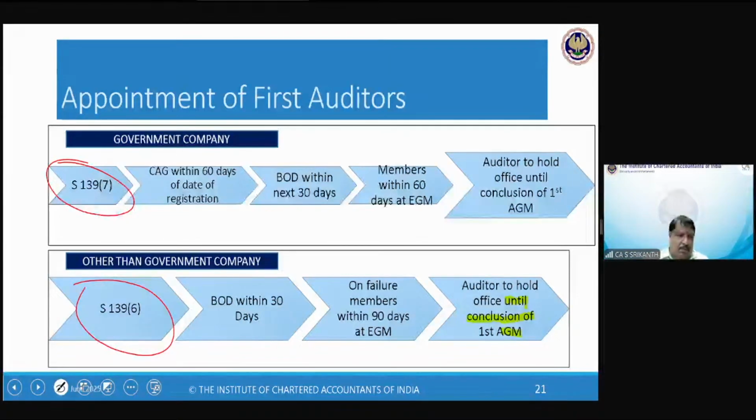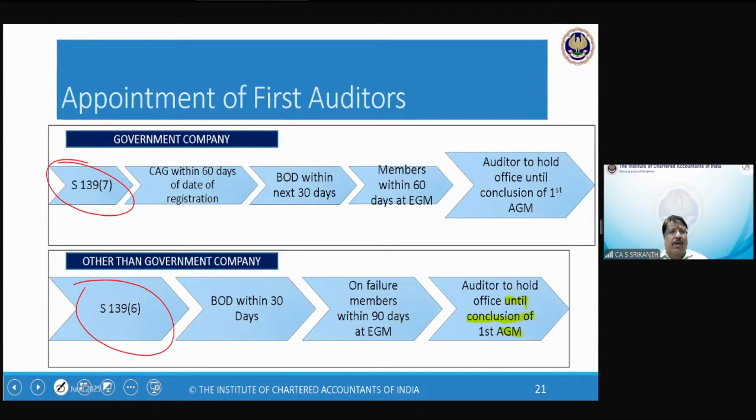In fact, many people will come to incorporate a company here. They won't even know about all these things. When I am advising them on company incorporation, I will have to tell them. They will ask, sir, when will I get my company? I say, you will get your company registration, don't worry. PAN number, and so on.